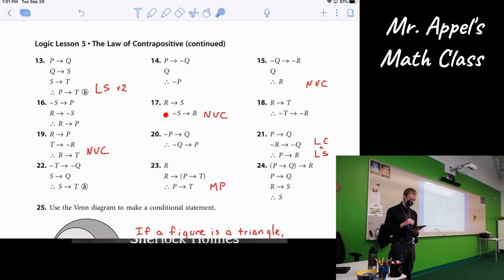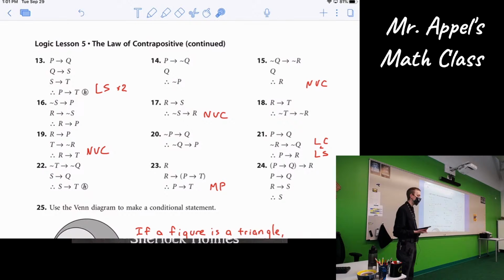17, similar problem. If R, then S. We've got a conditional result. They've switched it. Instead of R then S, it's S then R, but they've negated only the hypothesis. You need to negate the other half as well. There is no valid conclusion here.